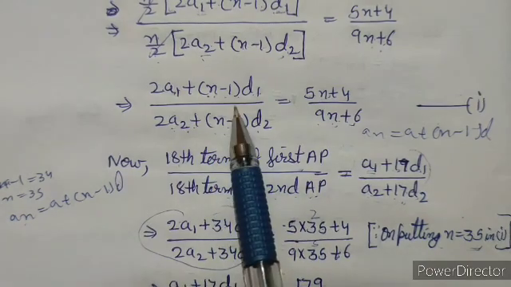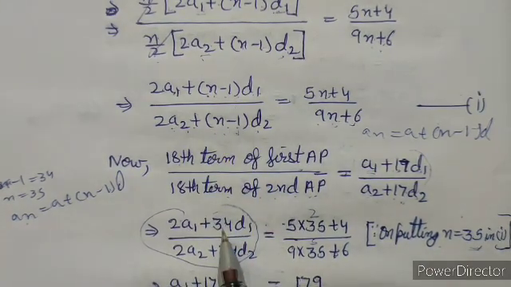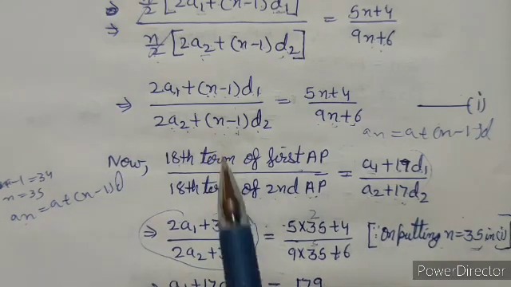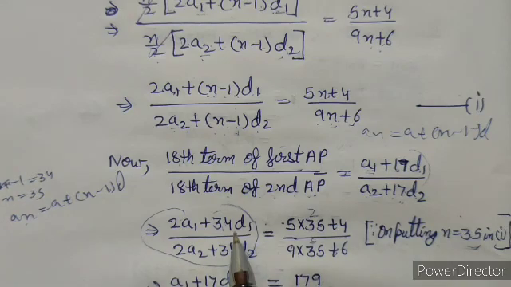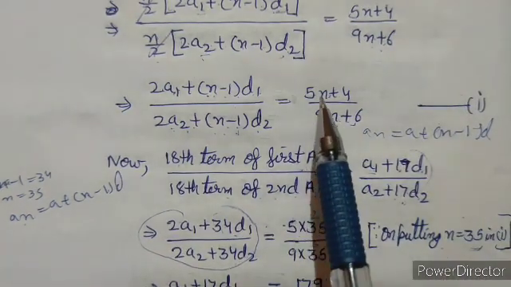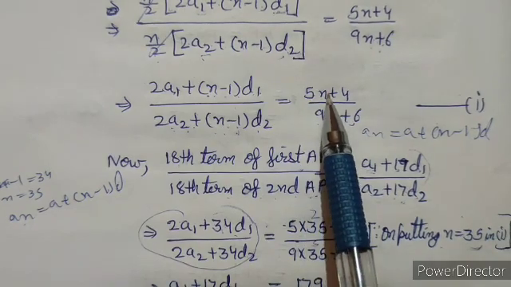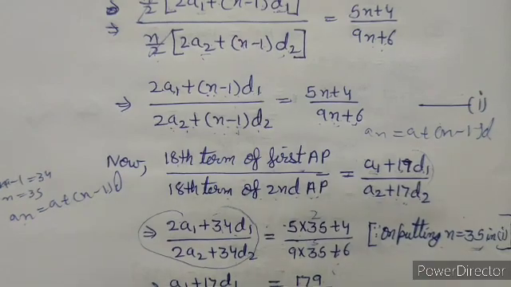Now on comparing the left hand sides, n minus 1 will be equal to 34, and that means that n will be equal to 35. So on putting the value of n equal to 35 in equation first, we will get the right hand side as 5 into 35 plus 4 upon 9 into 35 plus 6.